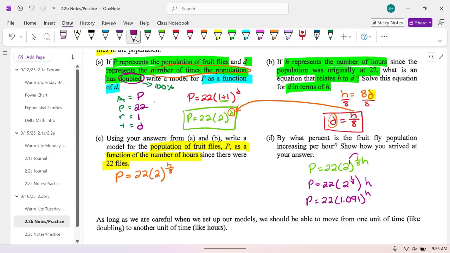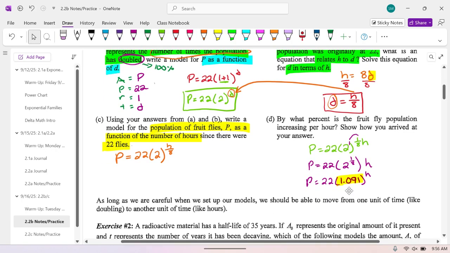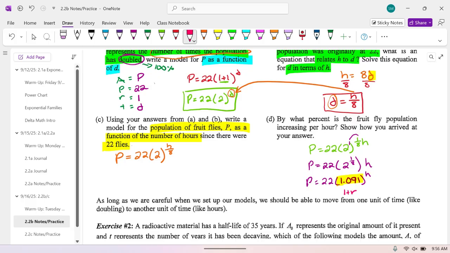Now, think about the growth formula. I want to know the rate of increase per hour. If we're thinking about the growth formula, what part does the rate typically go into? In the parentheses. And what's typically in the parentheses? 1 plus R. So I want to look strictly at what's in the parentheses, and based off the growth formula, 1 plus R is what's in those parentheses.